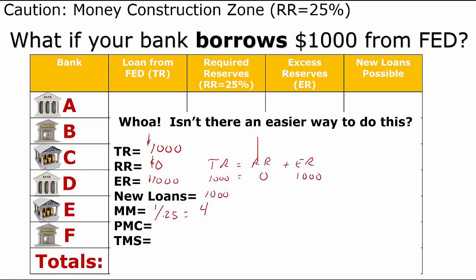PMC is still money multiplier times excess reserves. So in this case, it'd be 4,000. And then our total money supply is still, now pay attention to this, PMC plus the deposit. But there was no deposit. So the total money supply is 4,000 also.